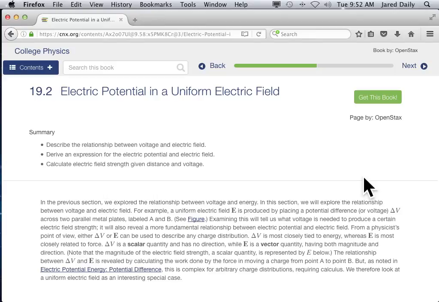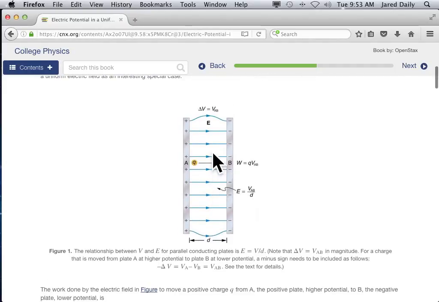But if we're in an electric field and we're not just between two charged plates or something, how are we going to figure that out? So we're going to start in a uniform electric field. Remember, the uniform field is one that has parallel lines and they're straight, right? They're not curving or anything. And so the electric field is pretty much the same everywhere.